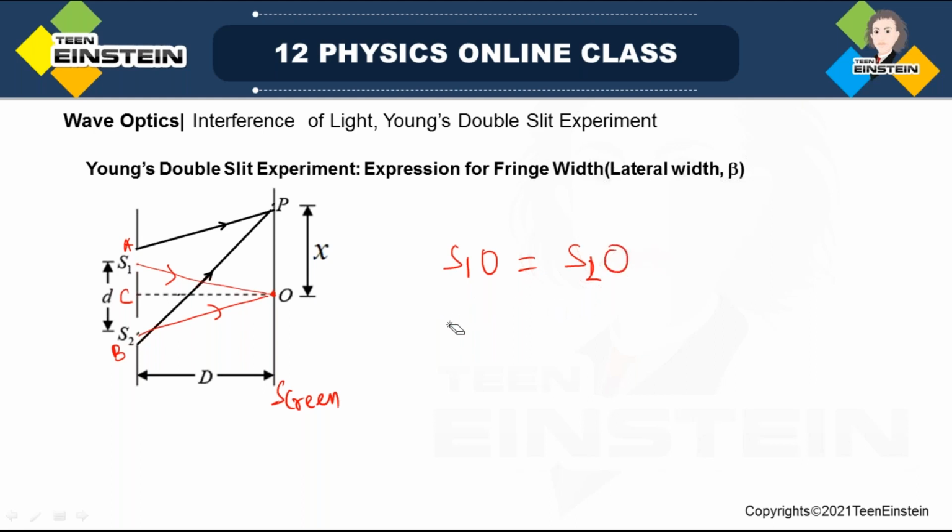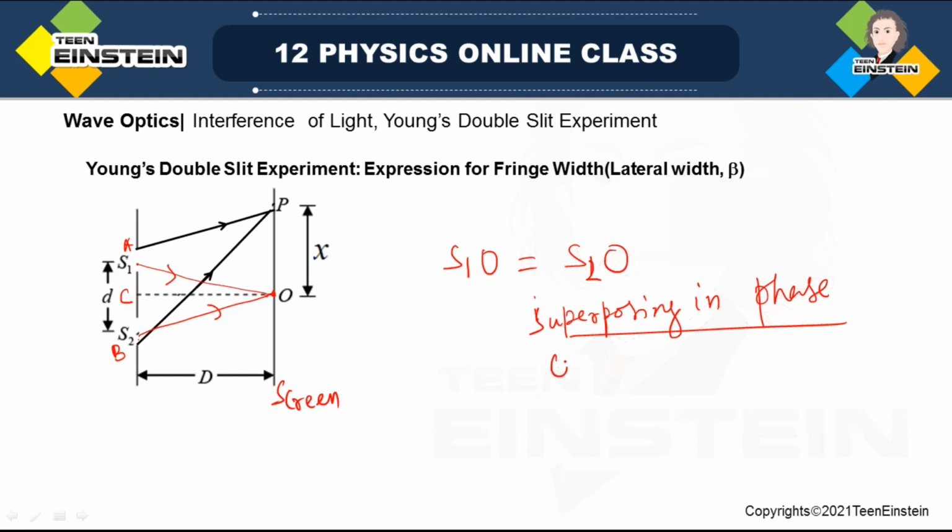So when these two distances are the same, whatever light comes from S1 and S2 and meets at this central point on the screen, they are meeting in phase, superposing or interfering in phase.